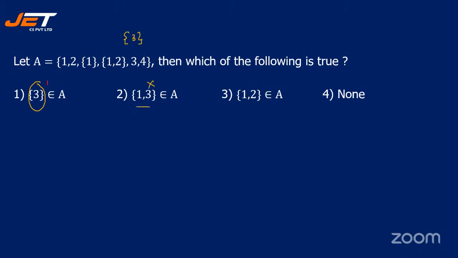Even this is not there, is it? Because you have {1, 2}. It is an element of A, but {1, 3} is not there. Next, {1, 2} is an element of A. Yes, it is. So this is A. As of now, our third is the correct one. Is it none? No. So your answer should be option 3.